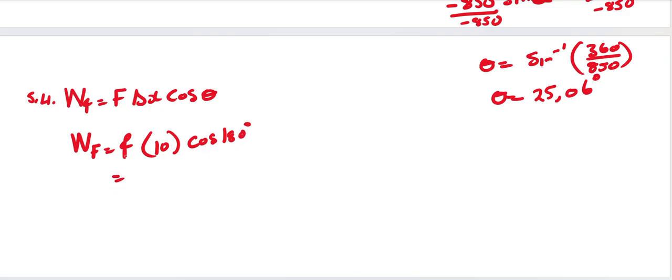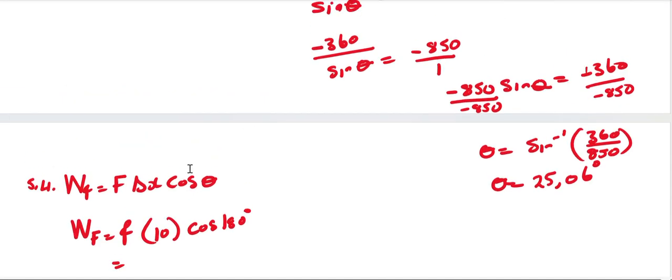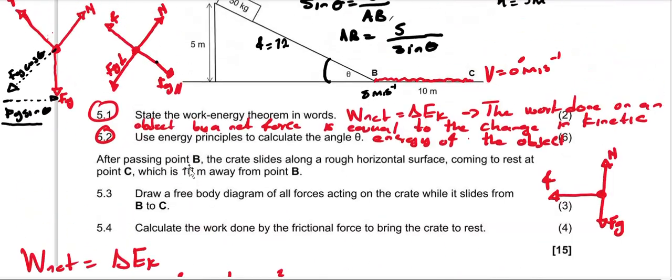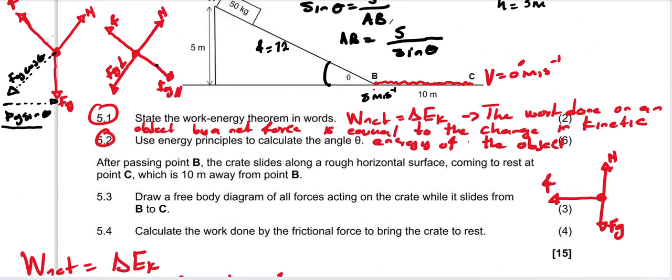So, let's find out what our frictional force is. How are we going to find our frictional force? Let's come here and see something. When the object moves from this point to this point, the only force that is acting on the object is the frictional force. The only force that is affecting the motion of the object is the frictional force, the only horizontal force.